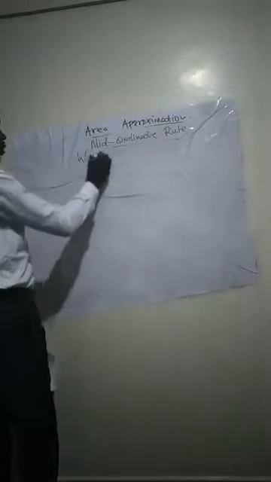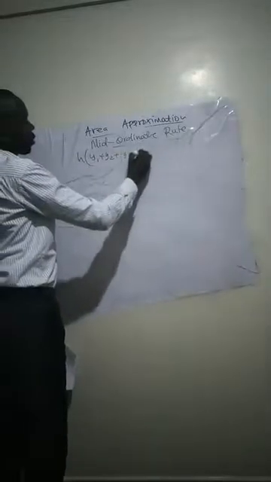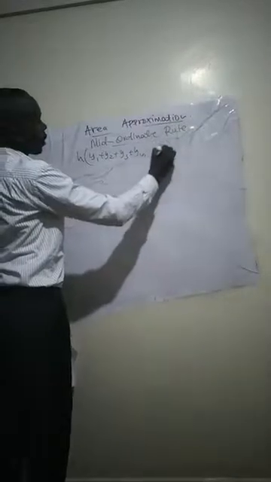So even in this case, the formula will be very important. Using the mid-ordinate rule, this will be the formula. This one is easier to remember compared to the trapezium rule. You have h into y1 plus y2 plus y3 plus y4 all the way to yn.